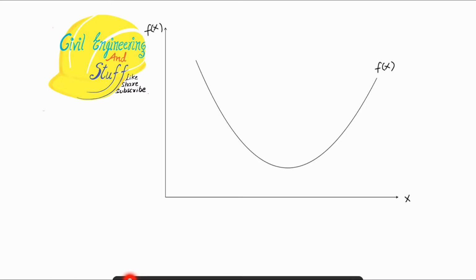Your successive quadratic estimation method uses a curve fitting technique. Suppose we have our function f(x), with x on the axis. Using the curve fitting technique, we take a quadratic polynomial function and fit it over this curve.